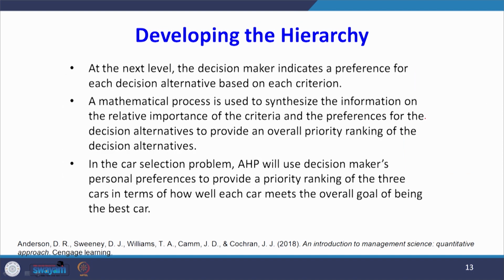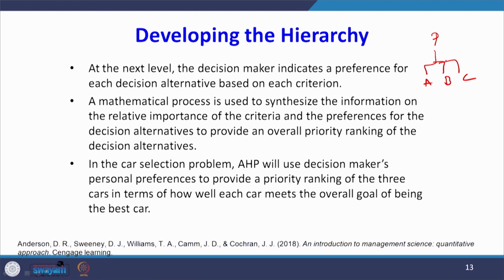Developing the hierarchy, at the next level the decision maker indicates a preference for each decision alternative based on each criterion. For example, we have price. With respect to price, he has to say there are 3 cars A, B and C, which is most preferable for him. A mathematical process is used to synthesize the information on the relative importance of the criteria.